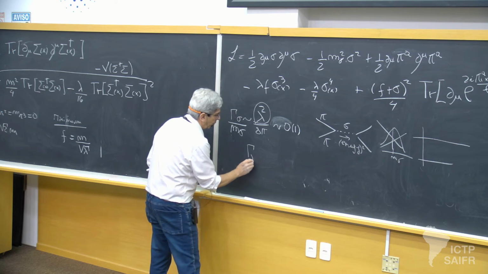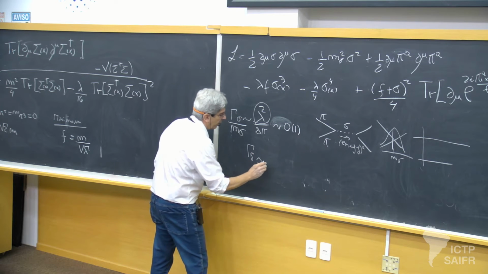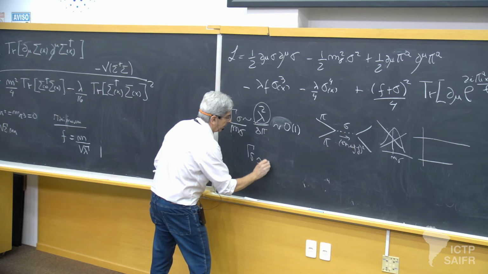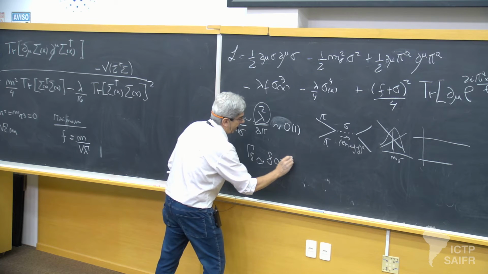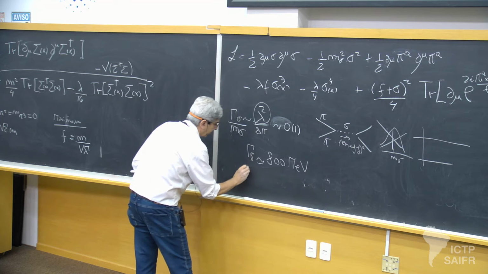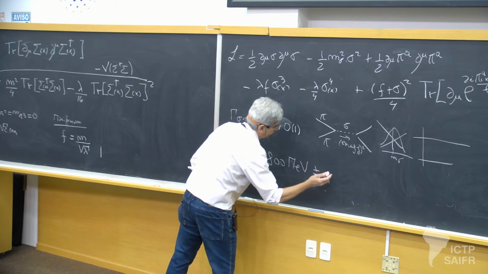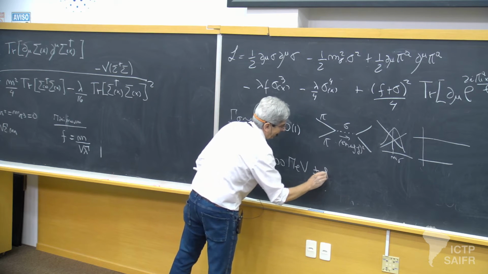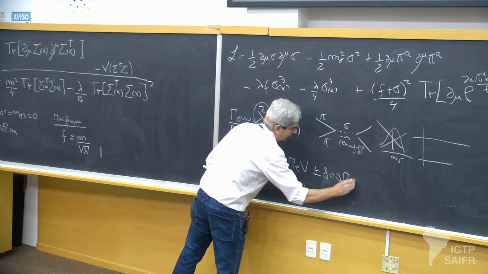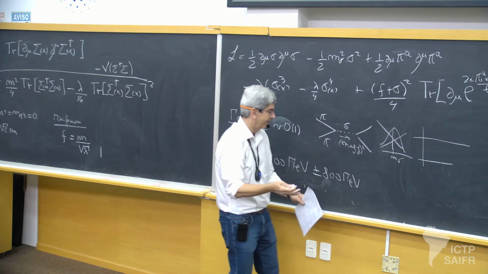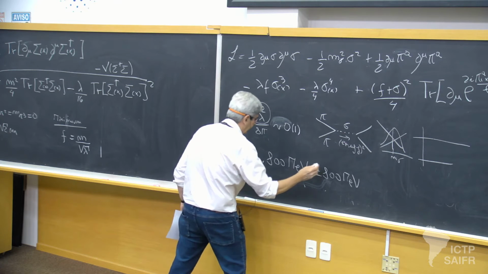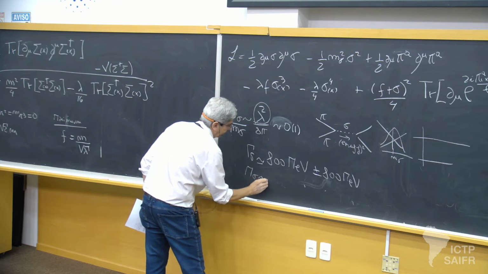But it turns out that the width of the sigma computed this way is approximately 800 mega electron volt, and the mass of the sigma plus 800 mega electron volt. It's very hard to pin down the error, and the mass of the sigma is about the same.